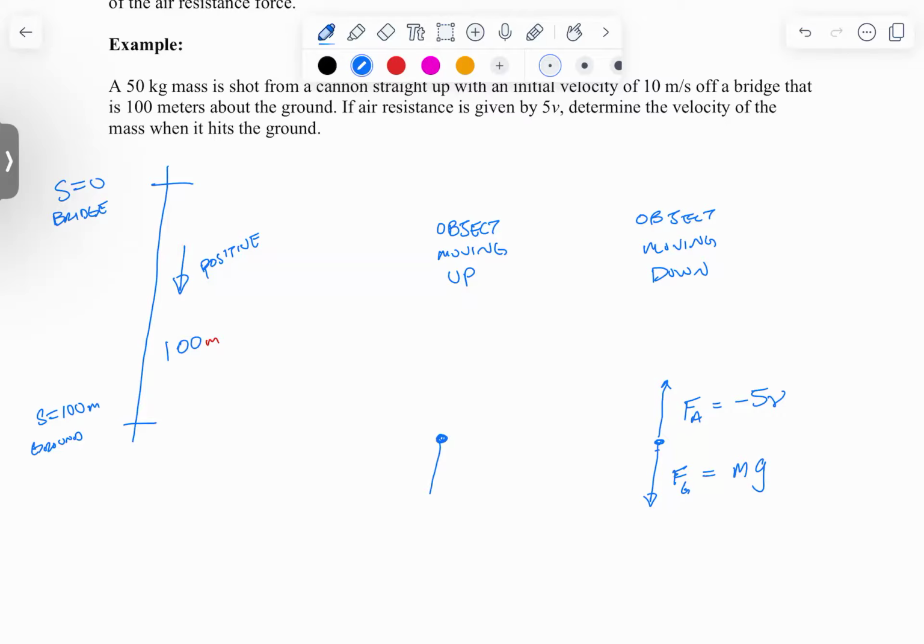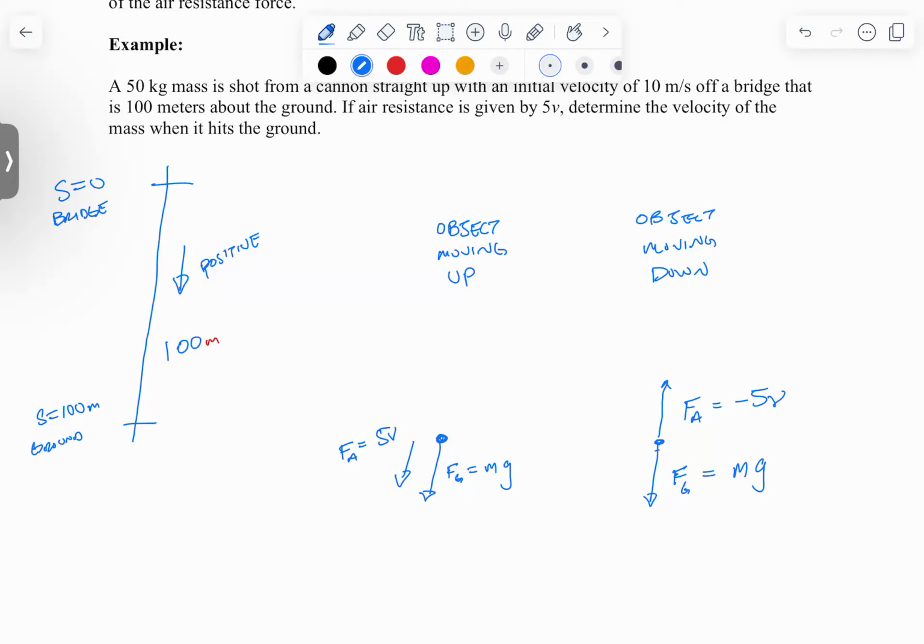When we shoot the object up, once again gravity is going to be there. But when the object's being shot up, which direction is the air resistance? Does it match the other picture? No, they're both going to be negative. We're slowing the ball down. FA equals 5V.